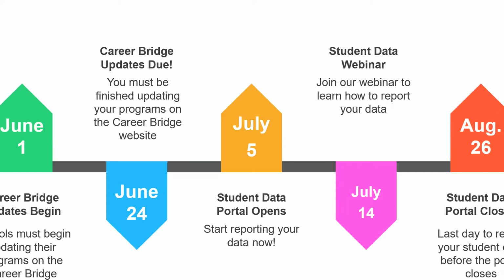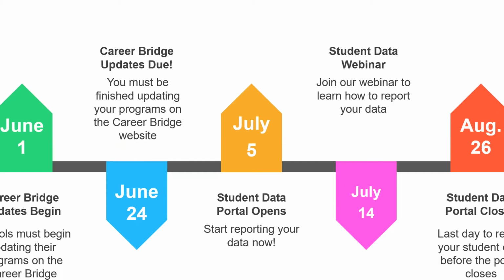We did that because that is where we get the data for our student data portal from. So if, when you start reporting your data, things don't match, it's because your CareerBridge website was not updated.